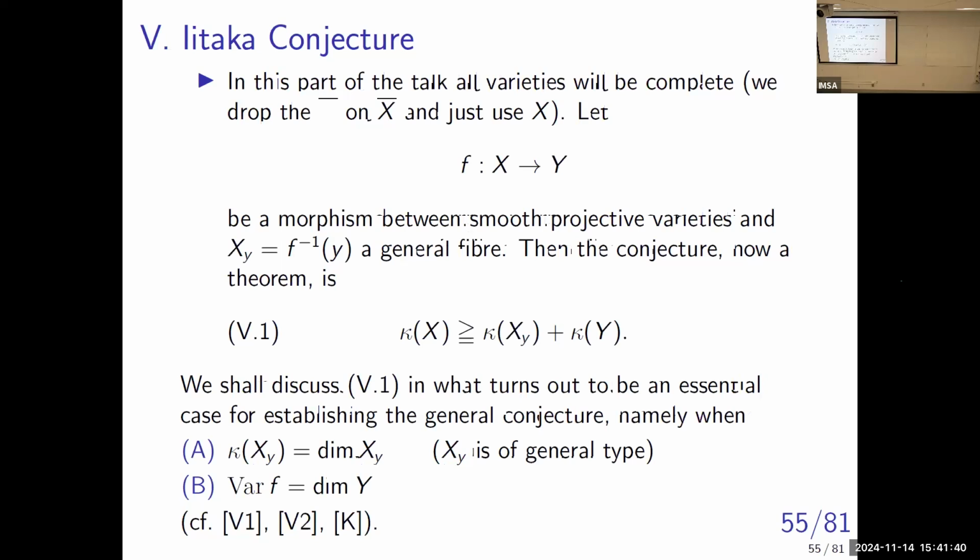The conjecture, which is now a theorem, is that the Kodaira dimension of the total space is bigger than or equal to the sum of the Kodaira dimensions of the base and the general fiber. So I'm going to talk a little bit about this and how curvature enters into the original argument. There are arguments now that get rid of curvature, but the original argument was based on curvature considerations. The original argument by Viehweg was completed by Kollár.